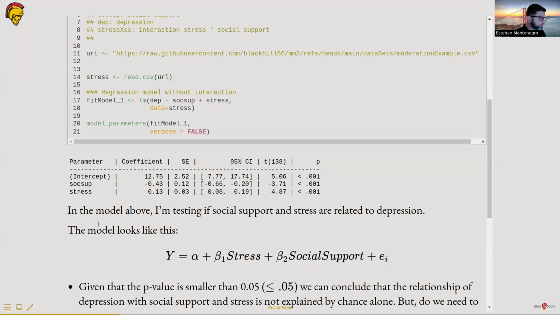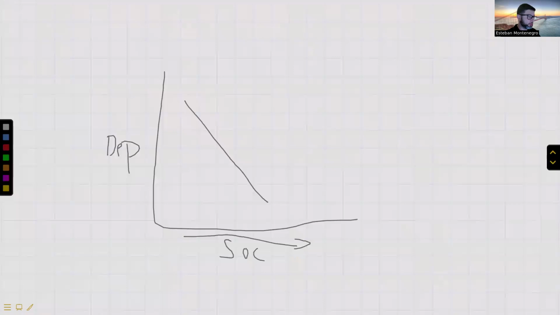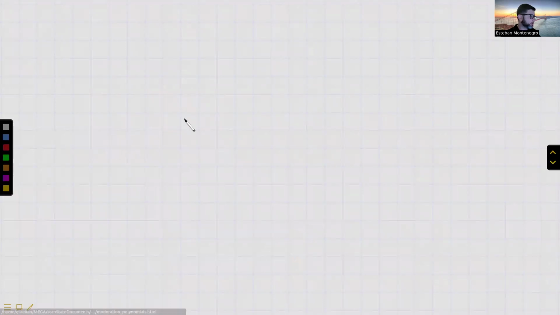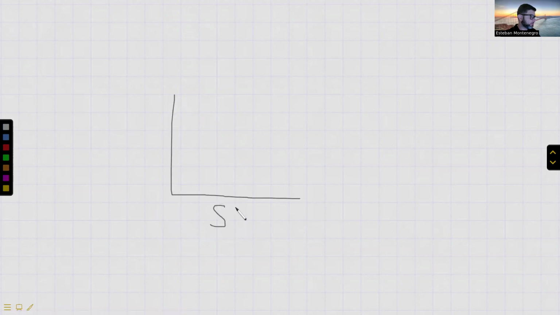Your symptoms of depression will decrease. The relationship between stress and depression is positive, and that actually makes sense, right? Let me draw another one. So when we are talking about stress, right? Let's go here. And we have depression here.